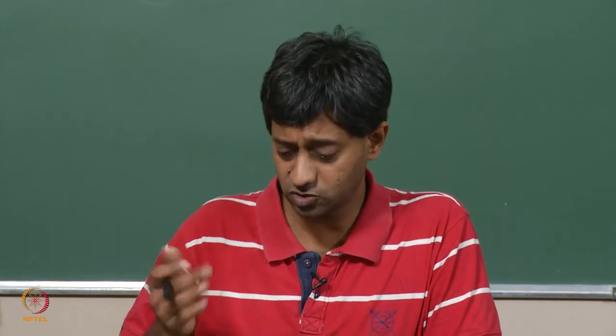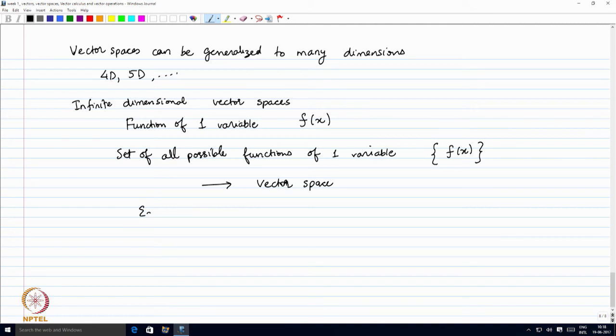So, clearly the set of all possible functions of one variable is a vector space. Okay. It satisfies all the necessary conditions to form a vector space. So, you can think of functions as vectors. So, each function can be thought of as a vector.